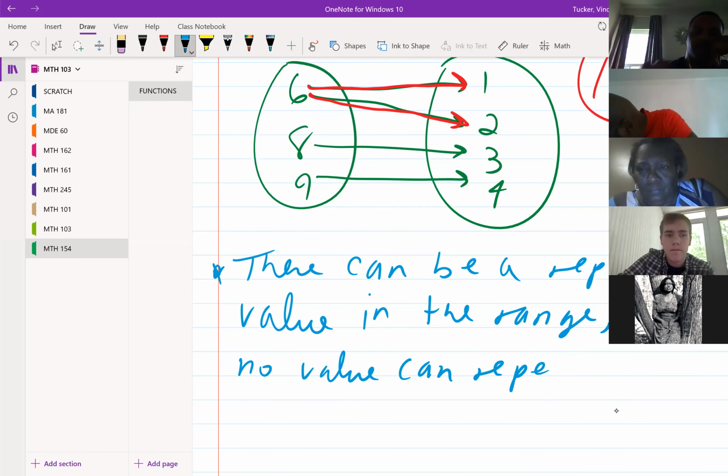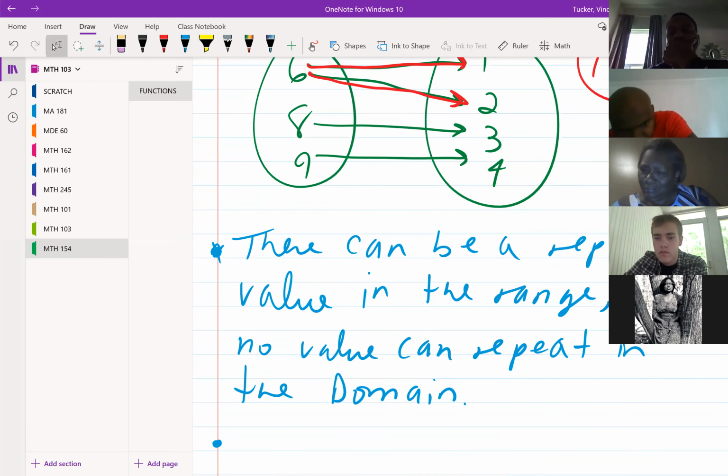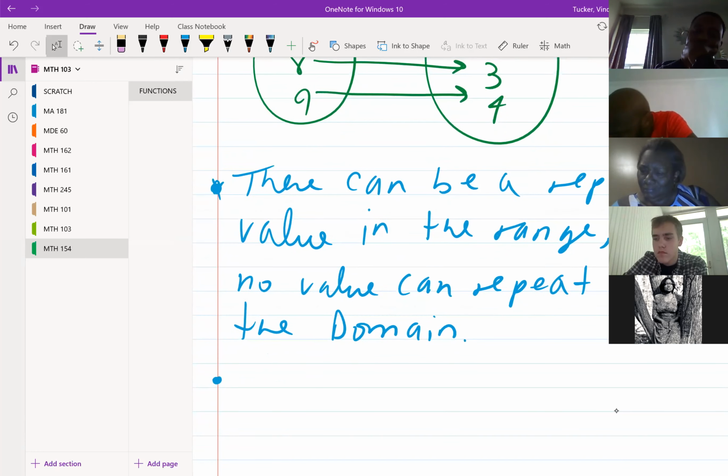The domain can only go to one number in the range, not multiple. Otherwise it's not a function. The range can go to more than one value. Oh, I get it.